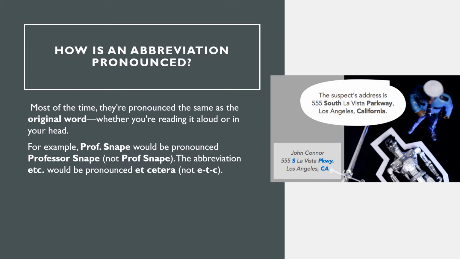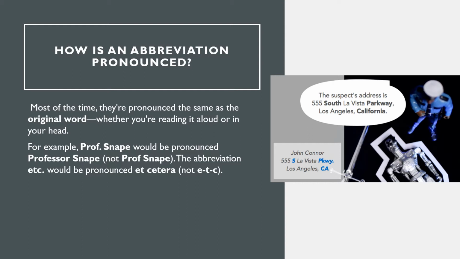How do we pronounce an abbreviation? So most of the time, they're pronounced the same way as the original word, whether you're reading it out loud or in your head. So for example, Professor Snape would be pronounced Professor Snape, not Prof Snape.